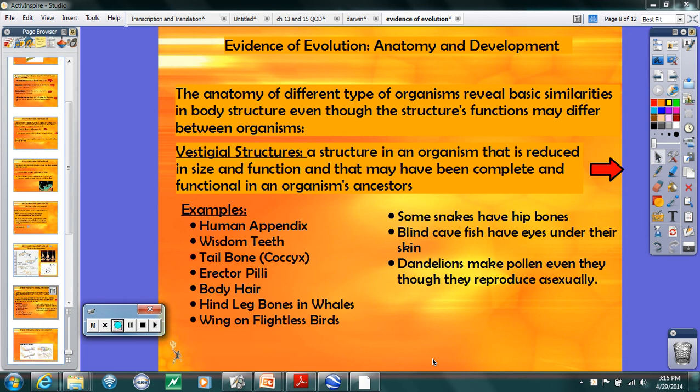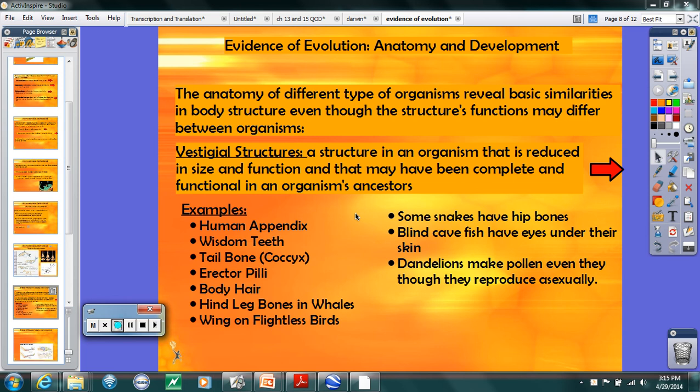And actually dandelions make pollen even though they reproduce asexually. So these are examples of structures that now don't really serve a function, but in some ancestor they could have been very important. So that's another piece of evidence.